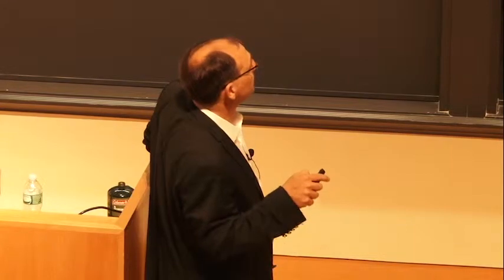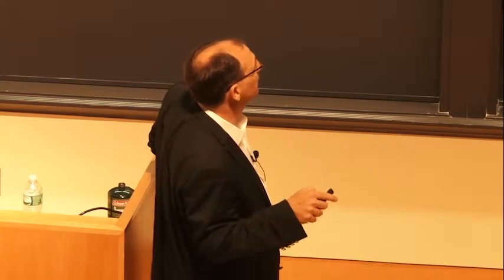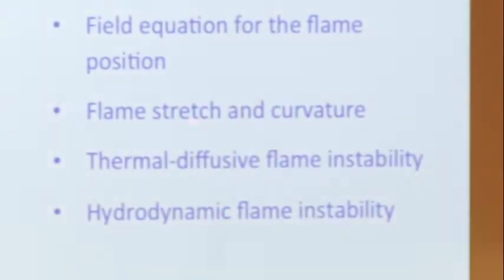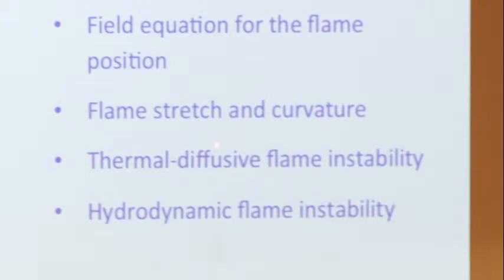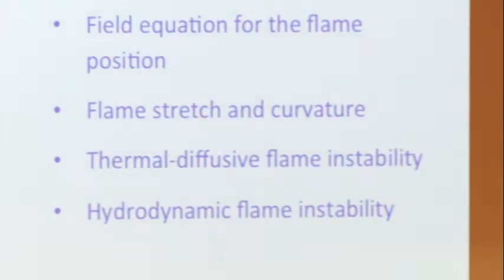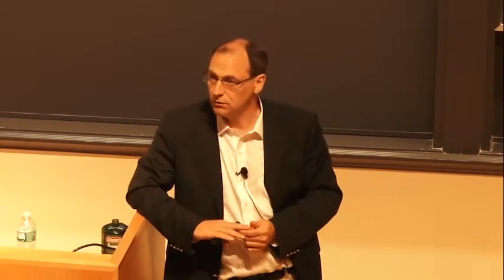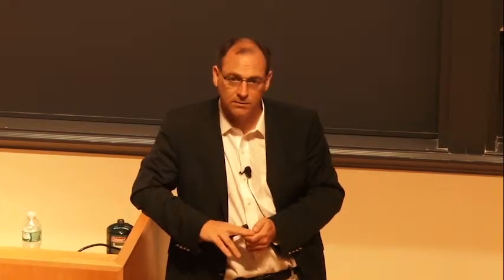We looked at, without any derivation, these results from the asymptotic analysis by Clavin and Williams and Matalon and Markowski. And then we talked about how instabilities can occur due to hydrodynamic effects and due to these diffusive Lewis number effects. Okay, any questions about this?